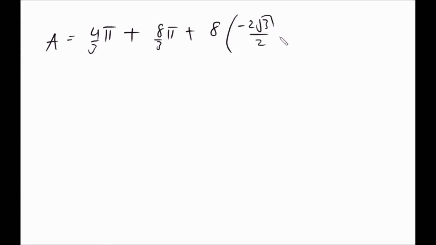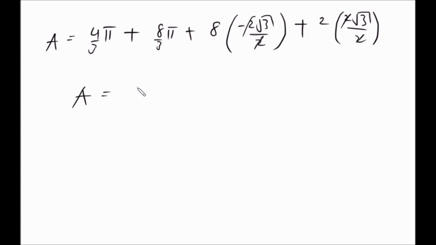So the area now will be 4/3 pi plus 8/3 pi plus 8, so we have negative 2 radical 3 over 2. Plus 2, we have 2 radical 3 over 2. So 2 and 2, 2 and 2.